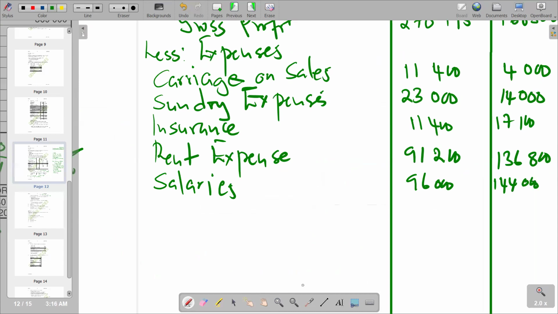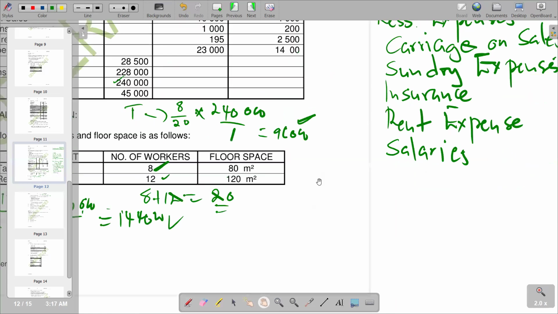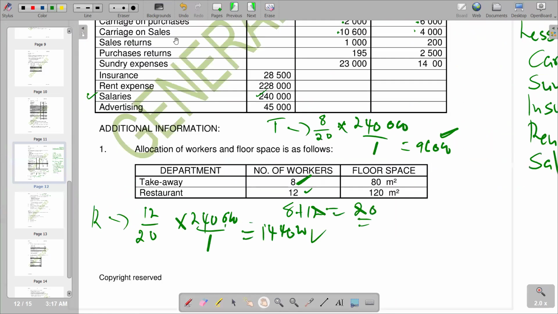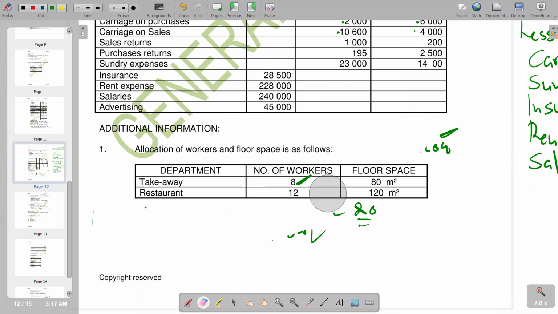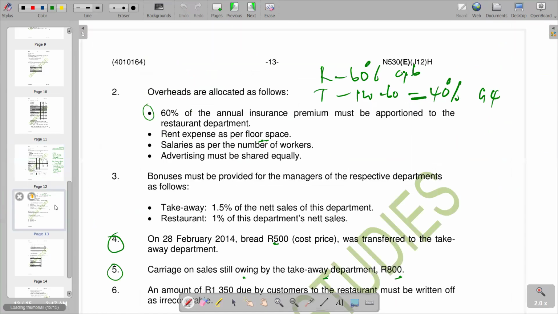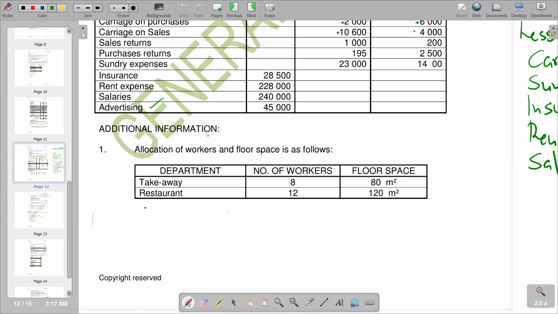Go back to check what's the next expense that we have. So on the next expense that we have there, we are going to see that we have advertising. We check additional information again about advertising must be shared equally. So basically we have two partners. So if it's equally, we divide by the number of partners, which is two.